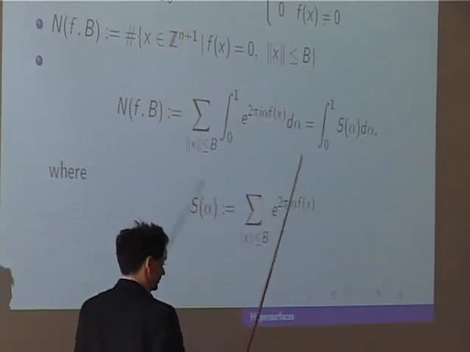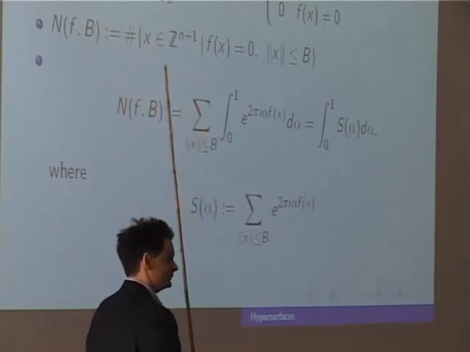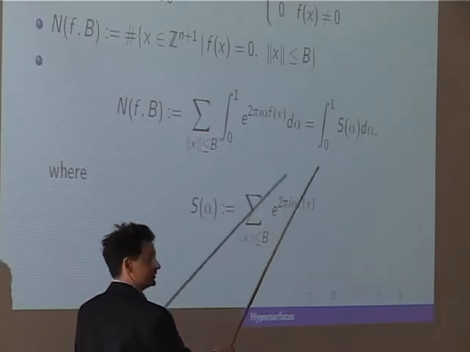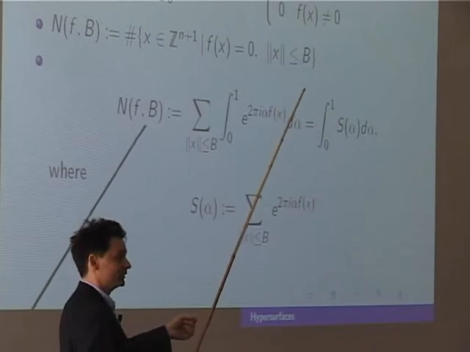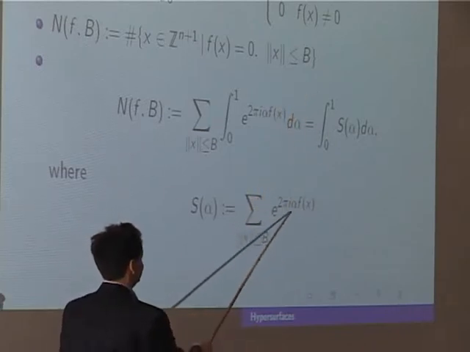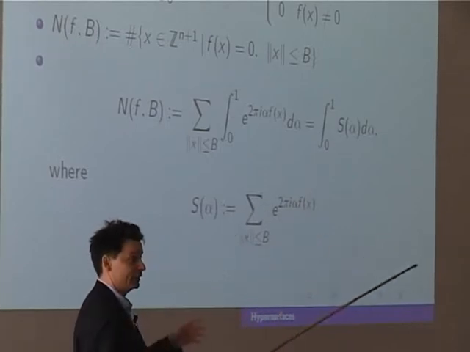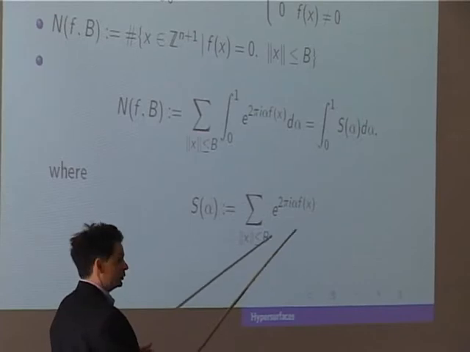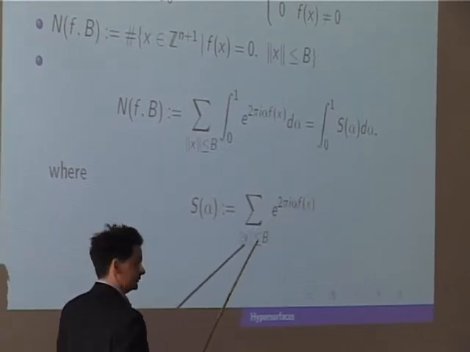When alpha is a rational number with a small denominator, say 2, 3, and so on, and f of x happens to be divisible by that corresponding number, then we get a contribution. But as the denominator grows, f of x would have to be divisible by a larger and larger number, but the x's are bounded. So it's not so easy to be divisible by large numbers when you are in this box.